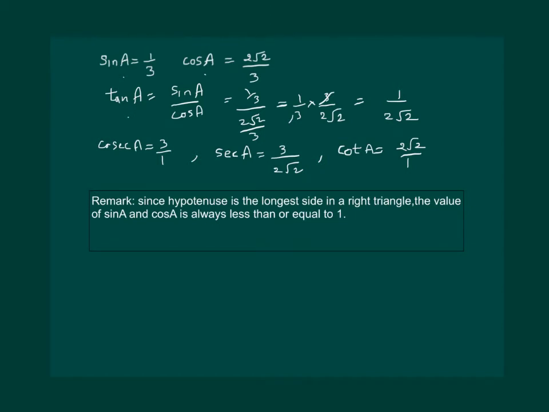Also notice that since hypotenuse is the longest side in a right triangle, the value of sine A and cos A is always less than, or in some cases equal to, 1.